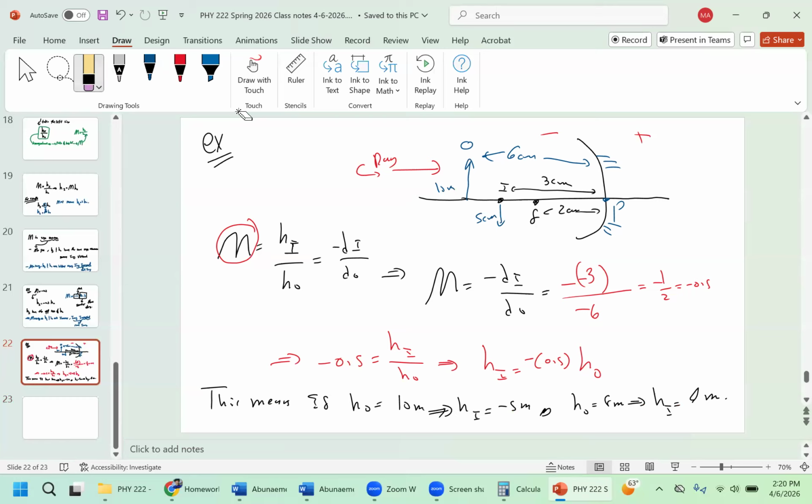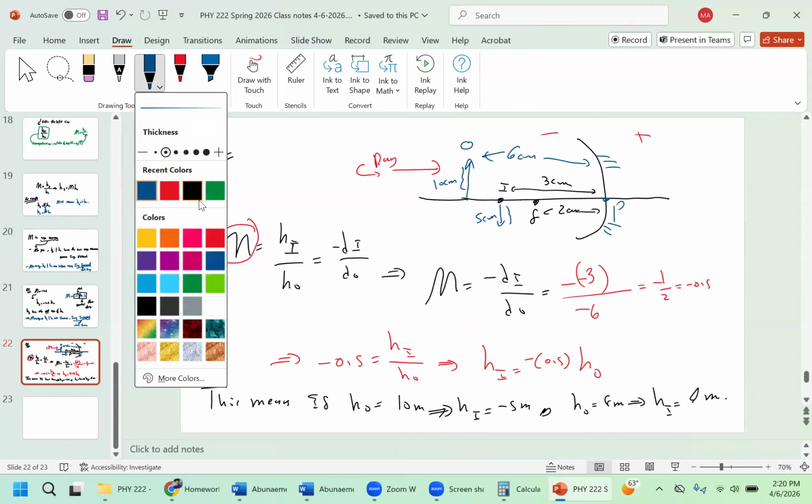Well, we're doing centimeters, so I'll just do centimeters. 10 centimeters, that means the height is 5 centimeters. Does that make sense? And don't forget the negative.